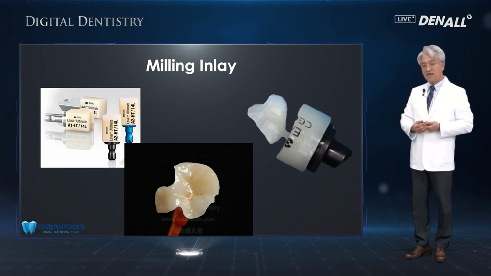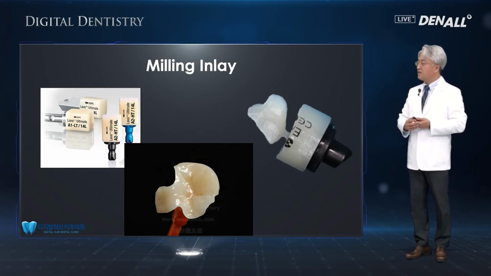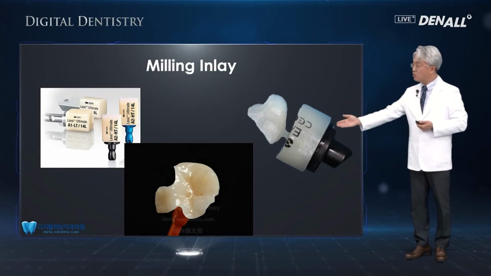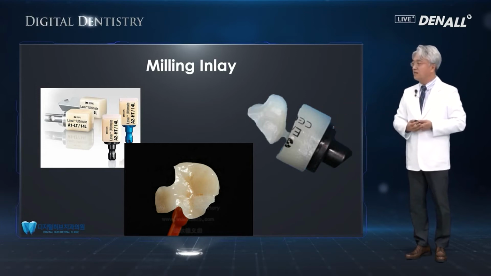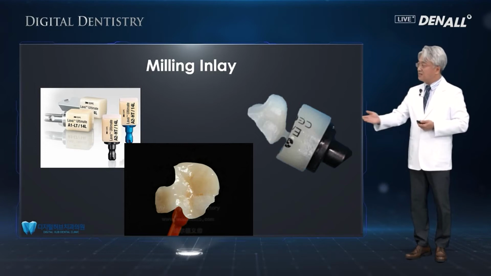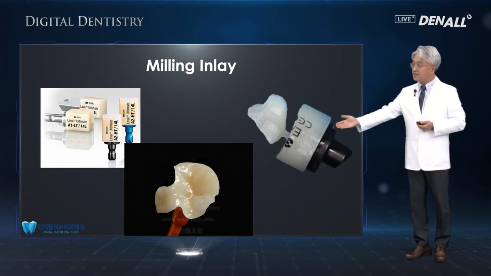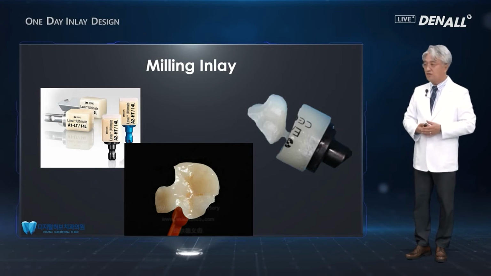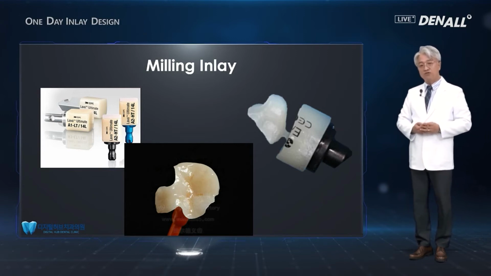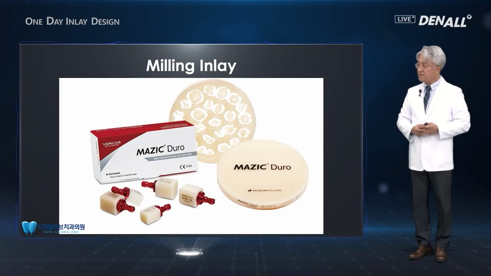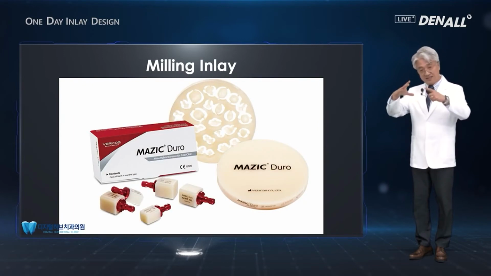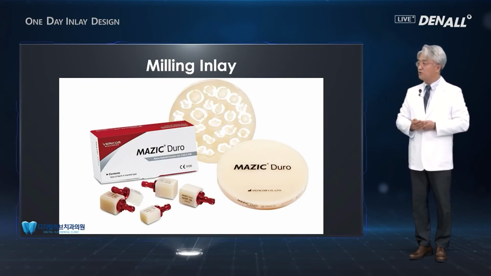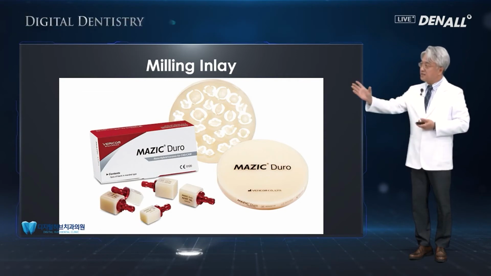So this block type material using the milling machine, you cut, then as you see on the right side, that inlay will be created, and before setting to the patient, this will be how the inlay would look. So in the milling machine, you can use the block type or this disc type material can be used. So let me explain about this.